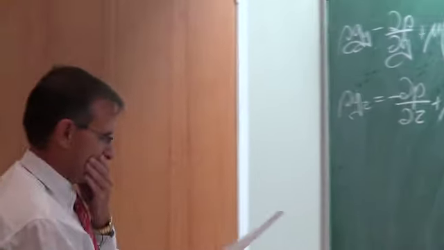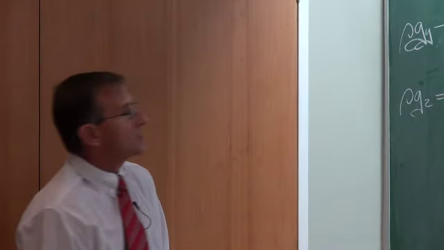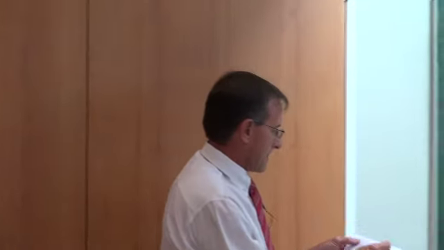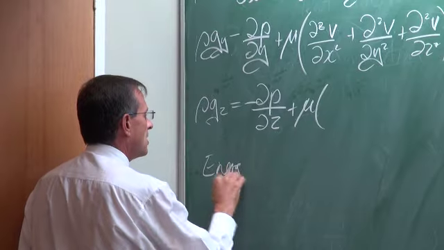You can do the same for a cylindrical and spherical. It becomes more complicated, of course. Okay. So in terms of the equation that we had previously, that is the momentum equation.